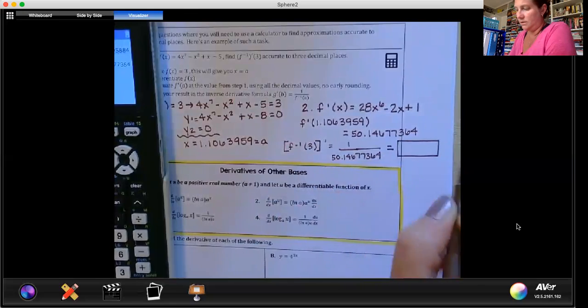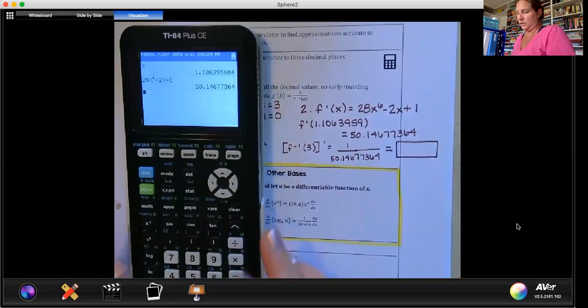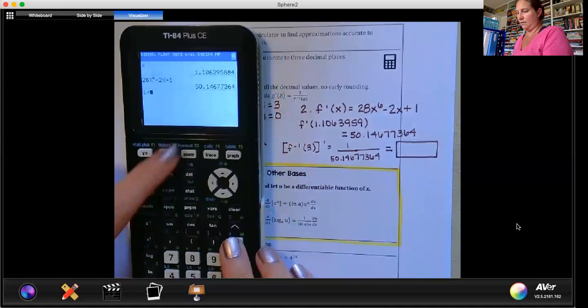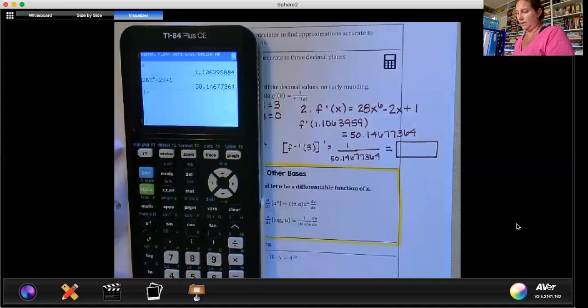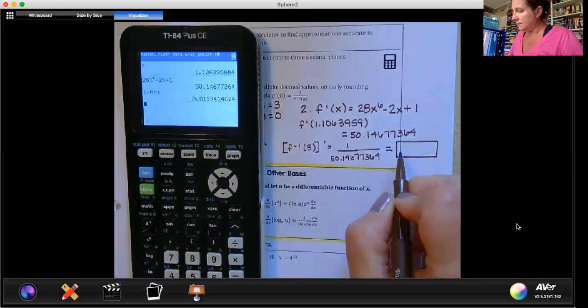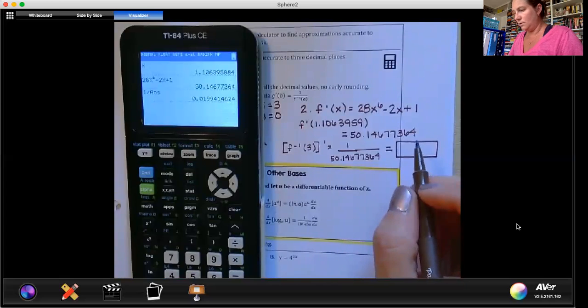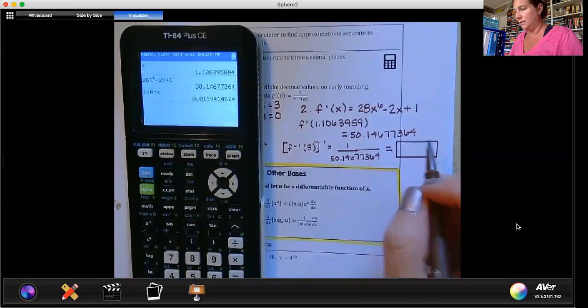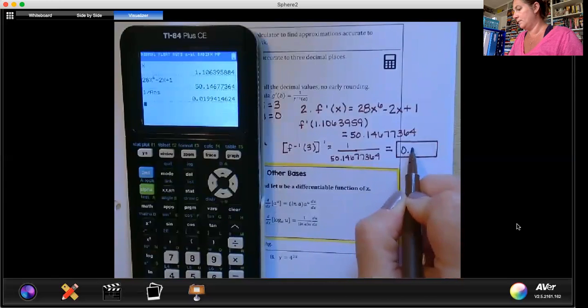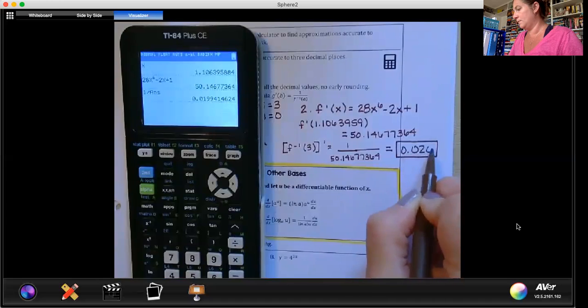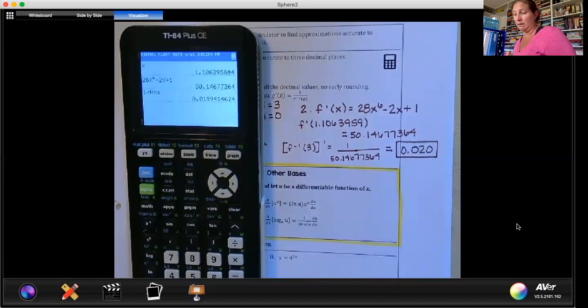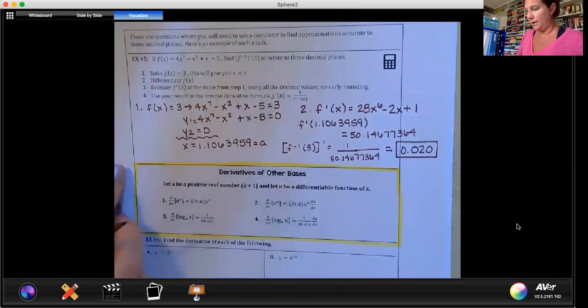Now to type that into your calculator, you do 1 divide and I want that value, so I hit second negative. That's 1 divided by the last answer. And we get 0.020. 0.0199, if it asks for an additional place, would work as well.